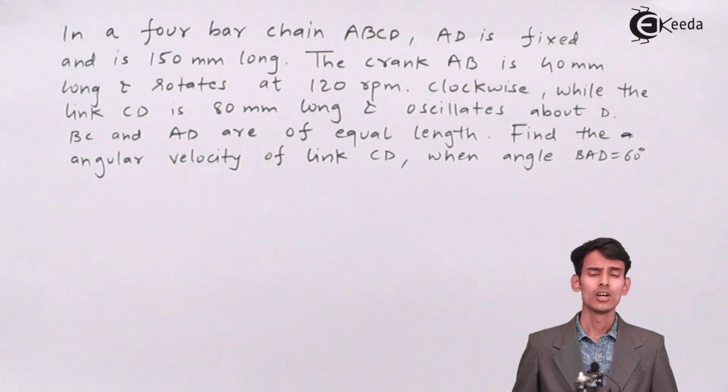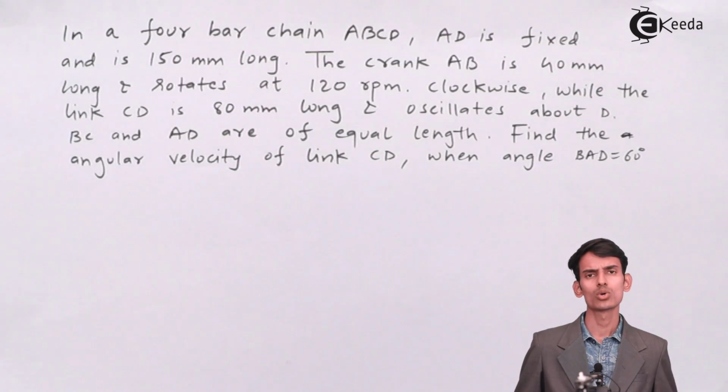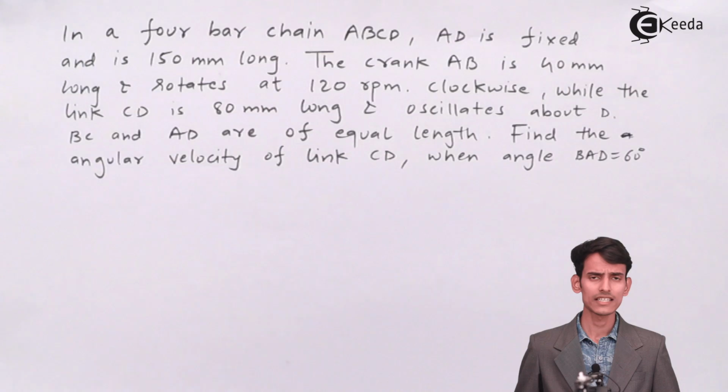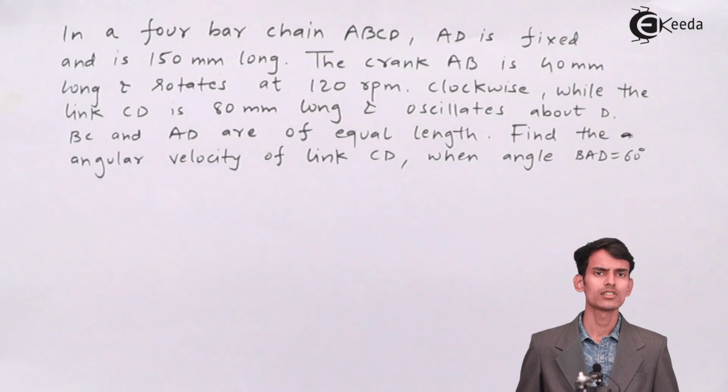So first of all, you have to draw the configuration diagram, that is the 4-bar chain, taking a particular scale. After you draw the configuration diagram, you go to the velocity diagram, and after drawing the velocity diagram you can easily calculate the angular velocity of link CD. If there is a question related to angular acceleration, then you also have to draw the acceleration diagram.